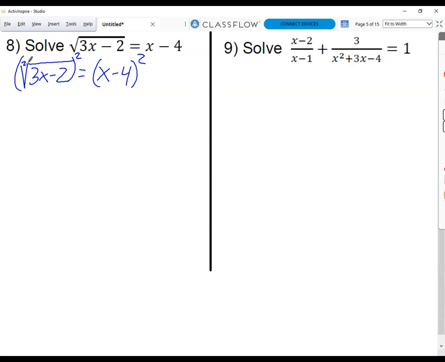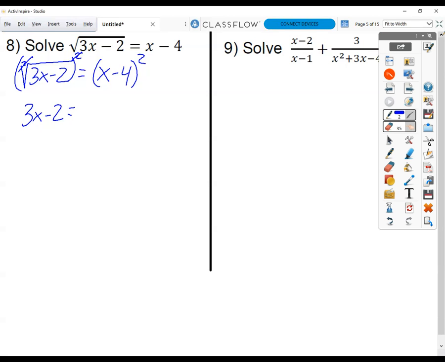Remember, there's a little index number 2, and a lot of people got that part right. So you cross this out, you cross this out, and you bring down 3x minus 2 equals x minus 4 squared.